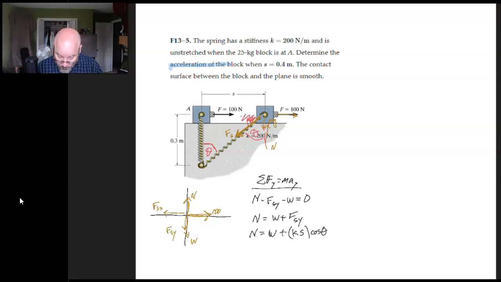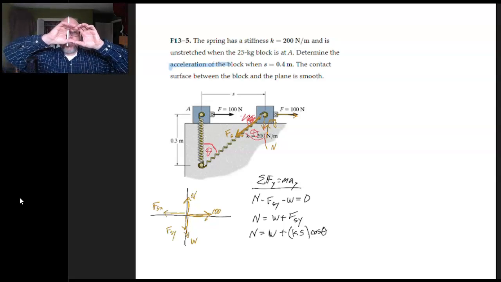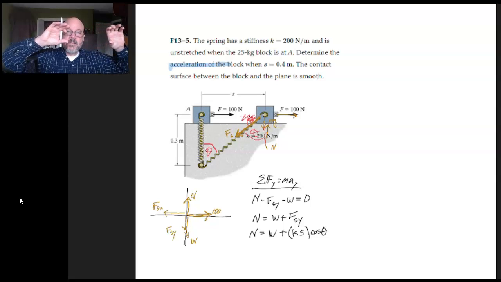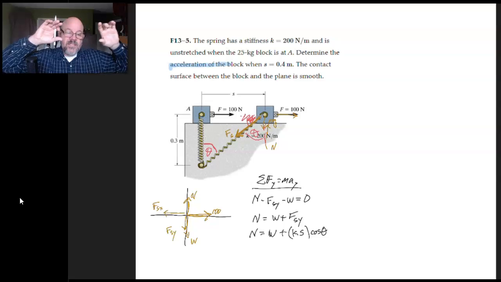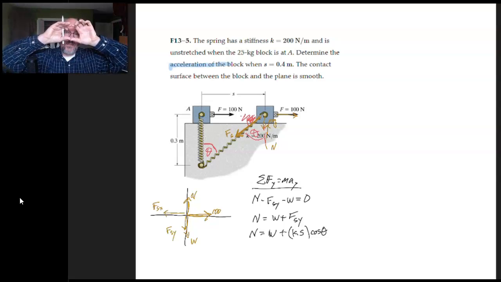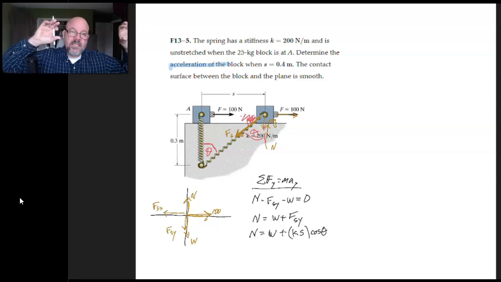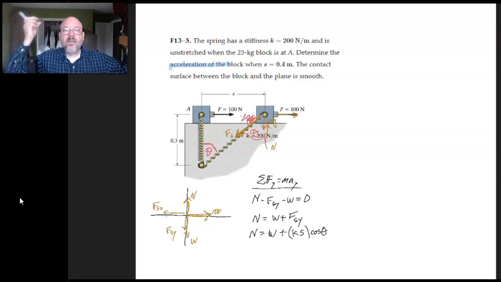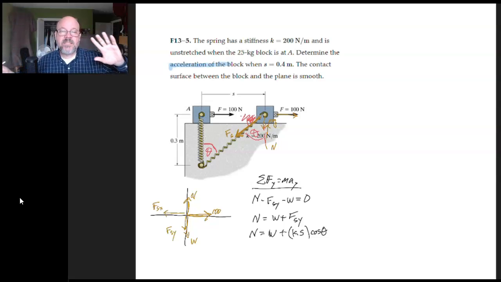The cosine of that angle. And so what that means is, as this thing is getting pulled to the right, that angle theta is constantly changing. And so that Y component of my spring force is constantly changing. It's changing with the angle. It's changing because my spring is being stretched. So it turns out to be kind of complicated.